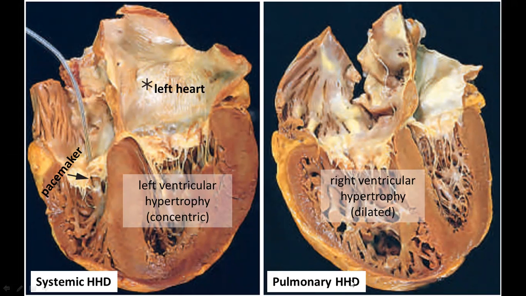We see this right ventricle is dilated, but its wall thickness is not that much increased. So this is the basic pathologic difference between the two kinds of hypertensive heart disease, and sometimes they do overlap. Please don't forget that.